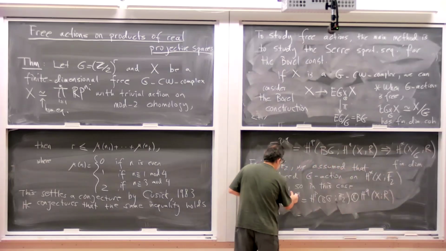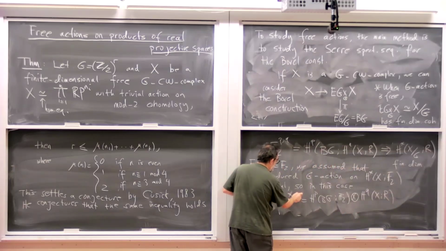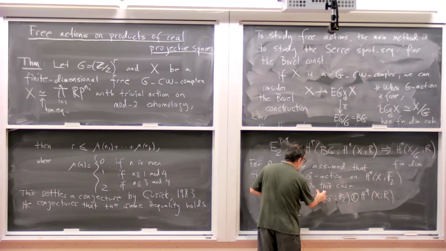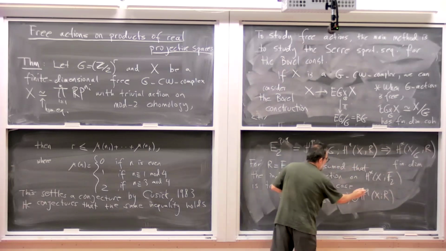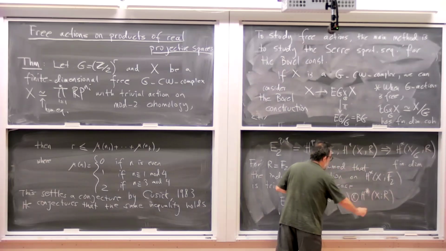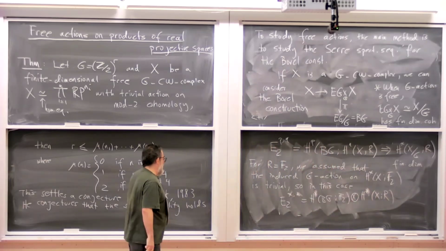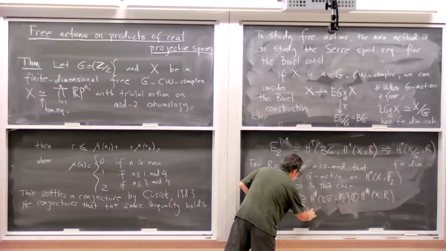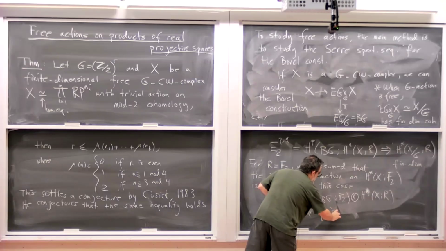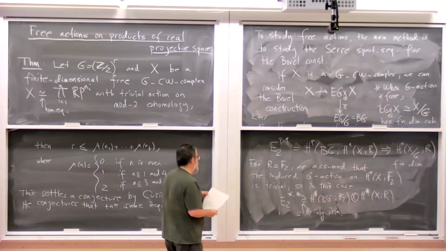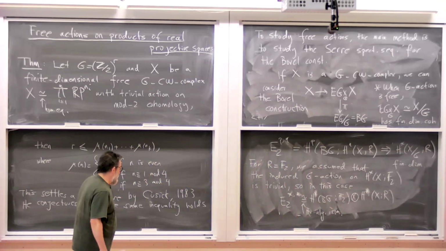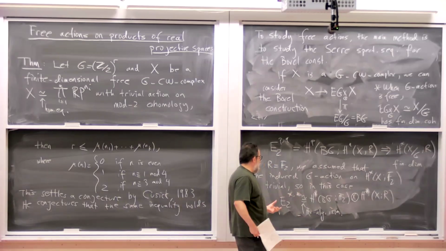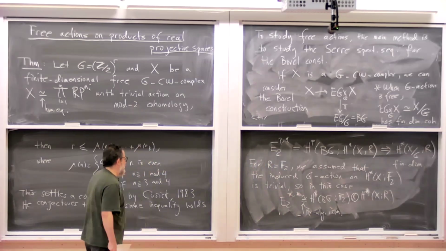Actually, I would like to write it as a direct sum of all these possible terms. And this turned out to be an algebra isomorphism. So this is going to be an F2 algebra isomorphism. So you have a cup product structure on this, and it gives you a product structure on the E2 page.